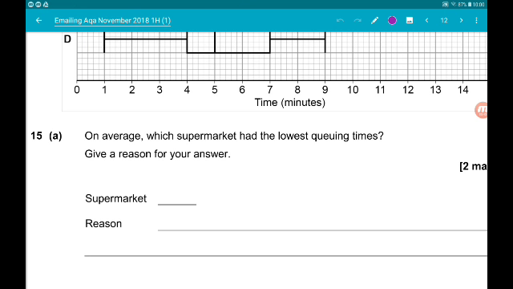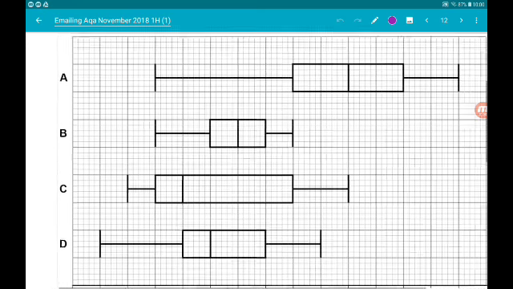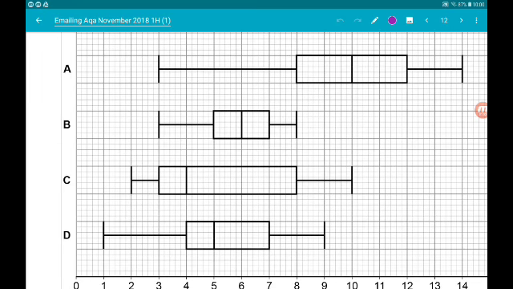Okay, so really, from box plots, when we're thinking of averages, we would be looking for the median. So the lowest queuing times is going to have the lowest median. Now on a box plot, the median is the line in the middle of the box.